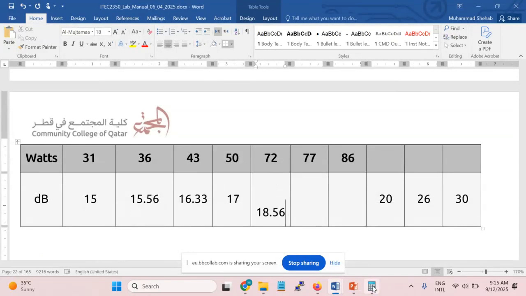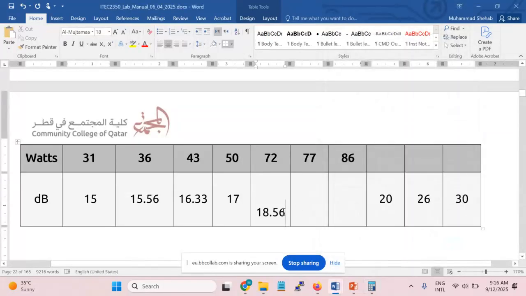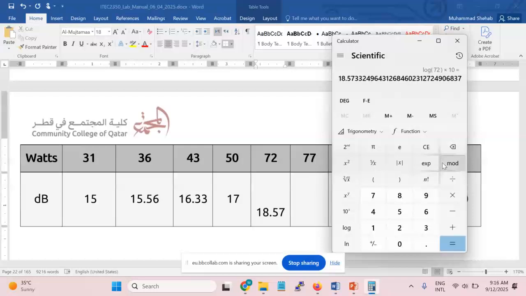Let us calculate it. Log of 72, how much? 1.857 times 10 equals 18.57. So this is approximation. If you multiply by 2, you will add 3 in dB. 77, let us take 77. How much in dB?